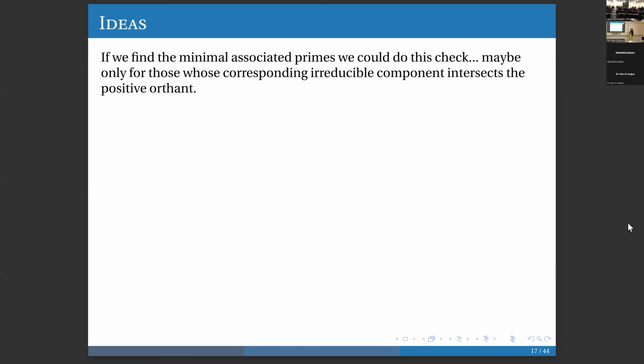So if we could find, in general, the minimal associated primes, so look at all irreducible components, maybe only those that actually intersect the positive orthant because the others we are not so interested in, we could do this check. Then we should be able to find, if there is ACR, a polynomial of the form xi minus c in each of these associated primes.